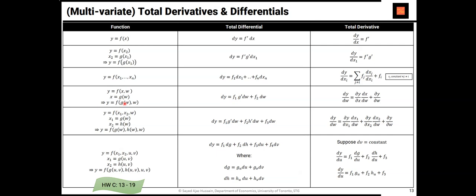Then multiply by total change in w, dw. Plus, differentiate f with respect to the second argument, f2. And then of course multiply by change in w. Right? So, written out, it looks like that. If I want to find dy/dw, I can divide by dw everywhere, and that's the expression I get.